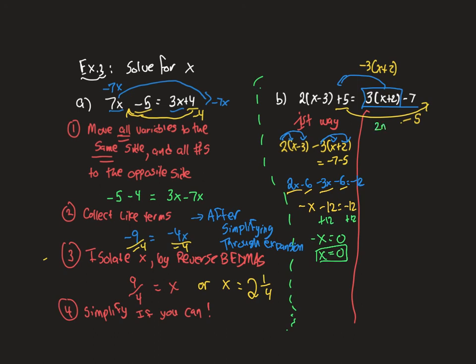Second way is to expand right from the get-go. So from the get-go, I'm going to expand. I'm going to have 2x minus 6 plus 5, 3x plus 6 minus 7, and then you're going to collect your like terms from there.